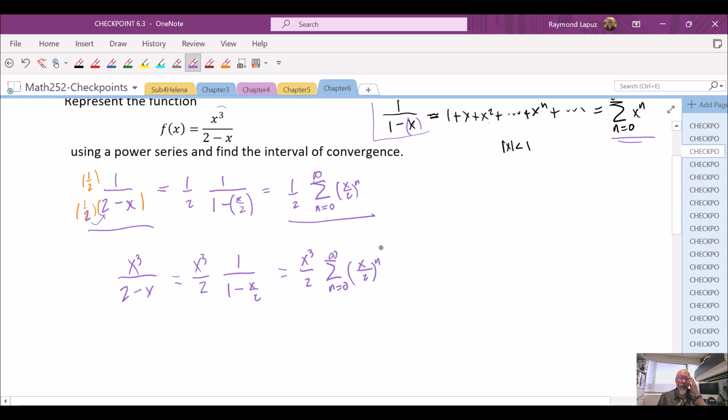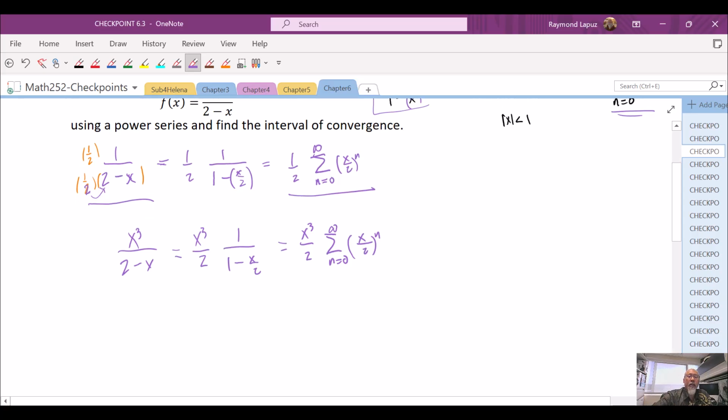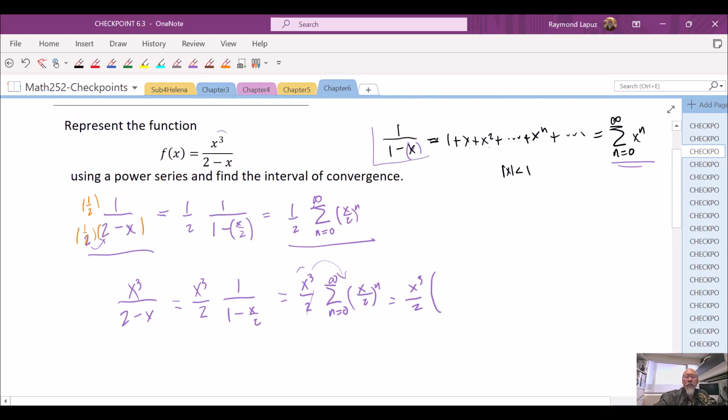All right, now what we can do is take this and distribute it inside, because this is equivalent to saying x cubed over 2 times, and then I will use this expanded out version. We have 1 plus, but instead of x we're going to use x over 2, plus x over 2 quantity squared, plus dot dot dot plus x over 2 quantity to the nth power, and that is kind of like the symbol that we use inside of the sum.